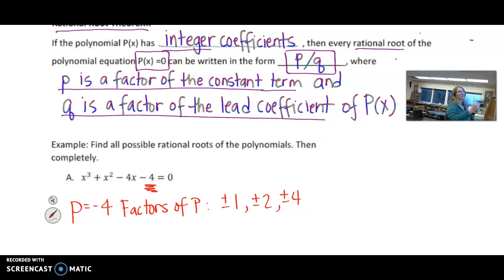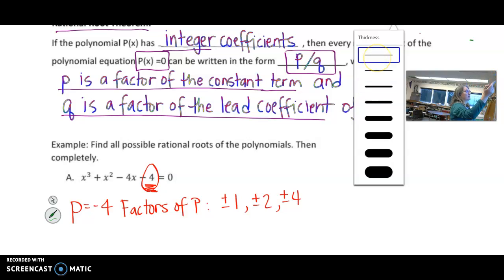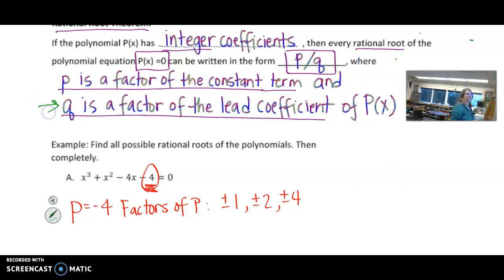So that's from this number right here. And then we have q is a factor of the lead coefficient, and our lead coefficient here is 1. So q equals 1 for this polynomial, and the factors of q are just plus or minus 1.